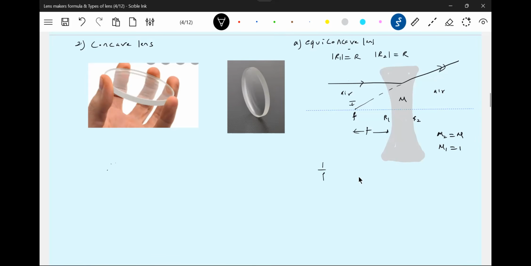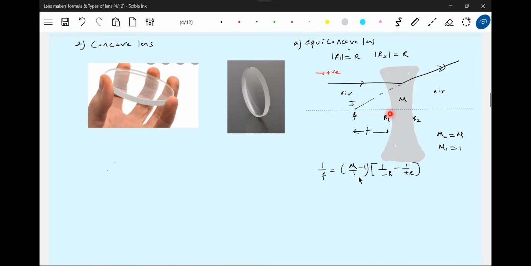So 1 by f equal to mu minus 1 into 1 by R1 minus 1 by R2. R1 will be minus R, this will be plus R. According to the lens maker formula, the direction of incident ray should be taken positive.